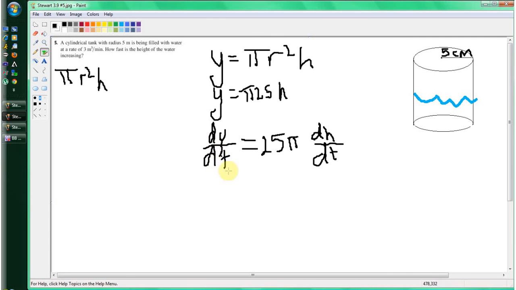So dV/dt is the rate of the water increasing, and that's given to us in the problem as 3 meters cubed per minute. So here we can replace dV/dt with 3, and that equals 25 pi dh over dt.